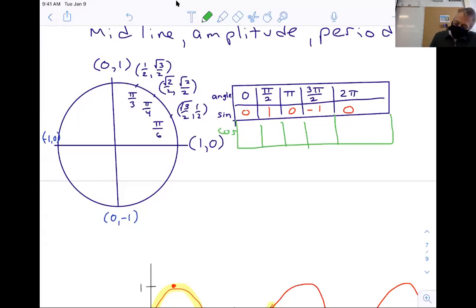So I'm now looking at the x values. So this 1, and then this 0, and then this -1, and then this 0, and then those repeat.